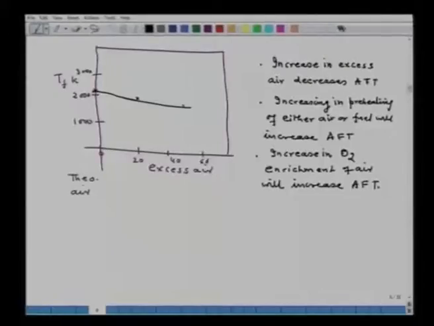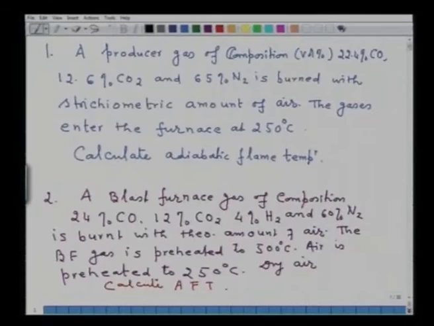Now, I can also illustrate another problem where preheating is done. I gave this particular problem in the last lecture: a blast furnace gas of composition 24% CO, 12% CO2, 4% hydrogen and 60% nitrogen is burned with the theoretical amount of air. The blast furnace gas is preheated to 500 degrees Celsius or 527 degrees Celsius. Air is preheated to 250 or 227 degrees Celsius.